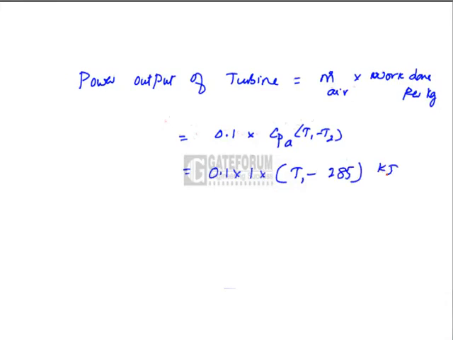So many kilojoule per second or kilowatts. That is how the power is obtained in kilowatts. After substituting T1 obtained earlier in this formula, we can calculate the power output of the turbine.